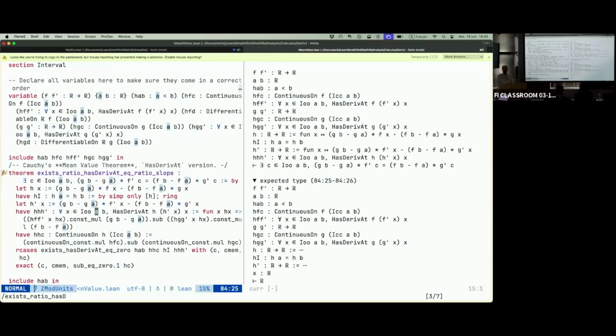And there is also Ioi for infinite in this direction, and Iio, and Iic, and Ici, and maybe Iii. The statement is that HasDerivAt h (h' x) x really means that the function h has for derivative at x the value h prime x.